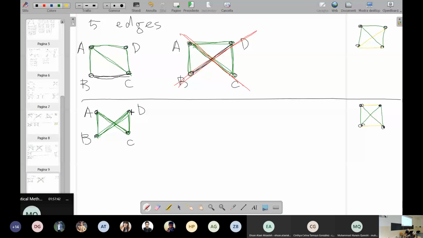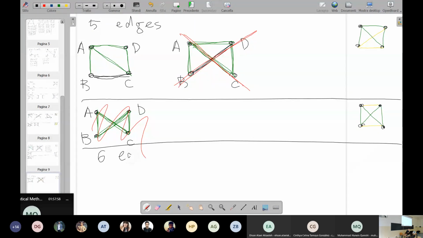If we add it here, we get exactly this. If we add it here, we get it flipped horizontally. So nothing new out of this. And of course, with 6 edges, there is no problem because you have the complete graph and only it.